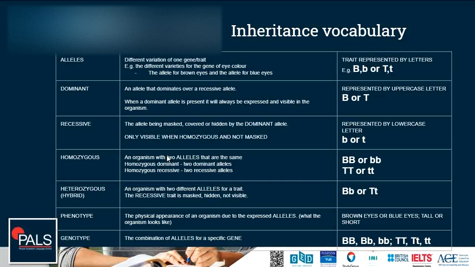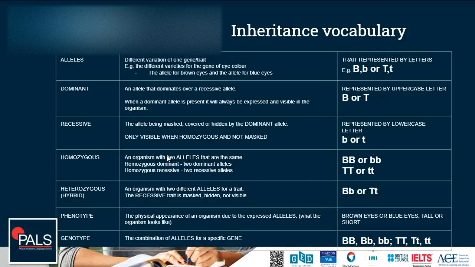Two other important terms, homozygous and heterozygous, refer to the combination of alleles. An organism that is homozygous has twice the same allele for a gene. So it's a big B, or a small b, two big letters, two small letters. Since we have two possible versions for homozygous, we often have to specify.